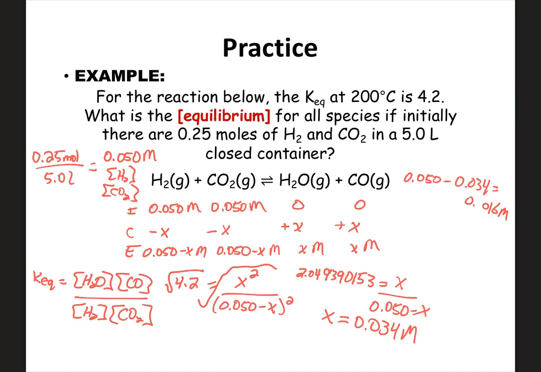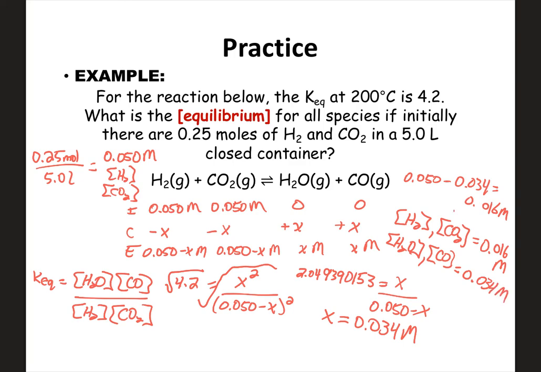All right, so I'm just going to list all the concentrations here. You do the subtraction for the H2 and the CO2. So the concentration of H2 and the concentration of CO2 are both going to be 0.016 molar. And then the concentration of the H2O and the concentration of your CO are both X, so they're both going to be 0.034 molar.